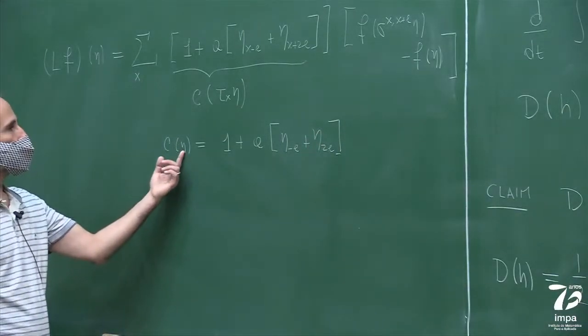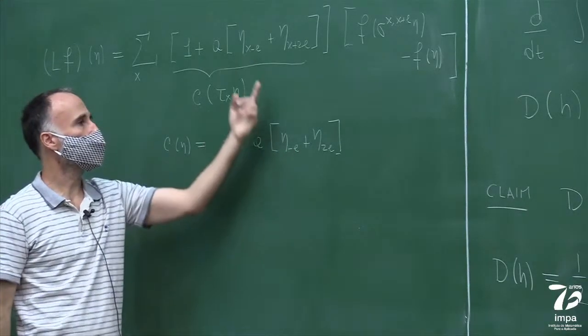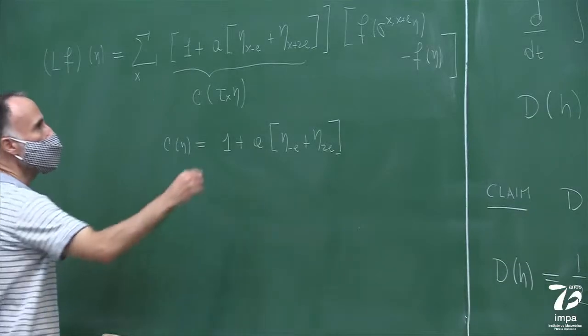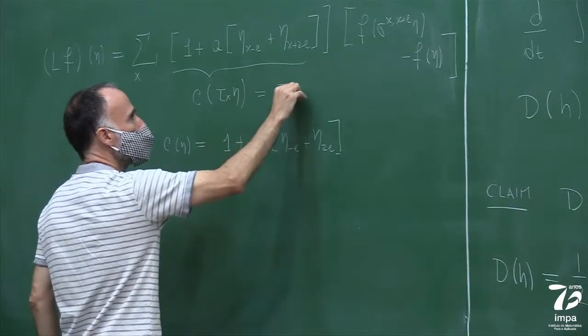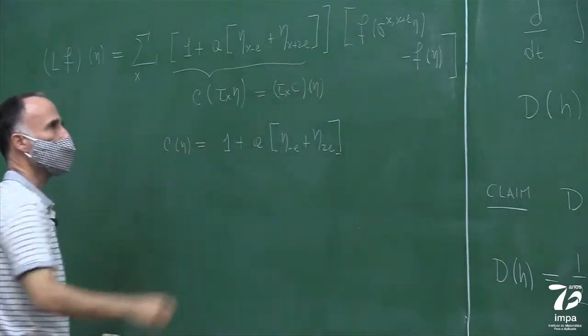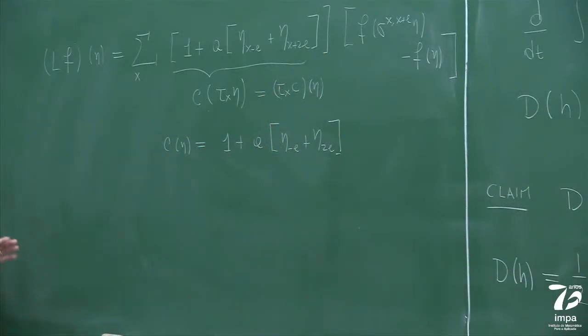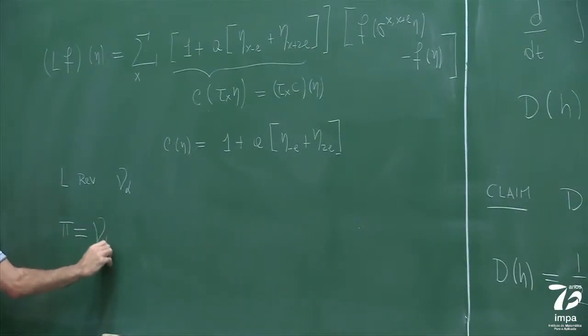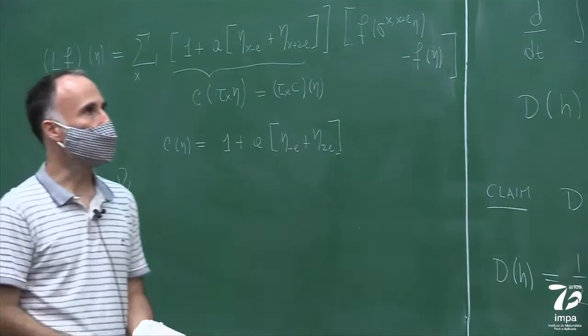So if I compute c translated by x, I will get here x minus e and here x plus 2e. And this is tau x of c of eta, by definition of tau x c. Okay, so let me write this generator in this simple form. And what we have seen is that L is reversible with respect to the Bernoulli measures nu alpha. So pi will here be the product measure with density alpha. And I want to compute the Dirichlet form.